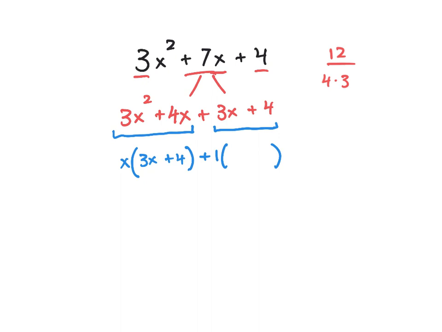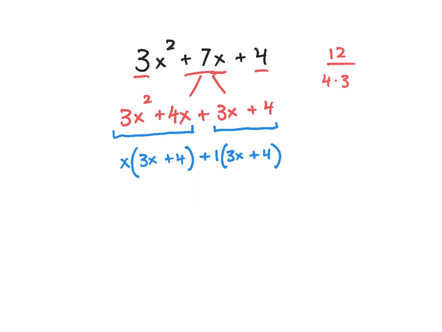Remember, factoring is kind of like division. If I take out a factor of 1 from 3x, I get 3x. And if I take out a factor of 1 from 4, I get 4. That's what that technically factors to.